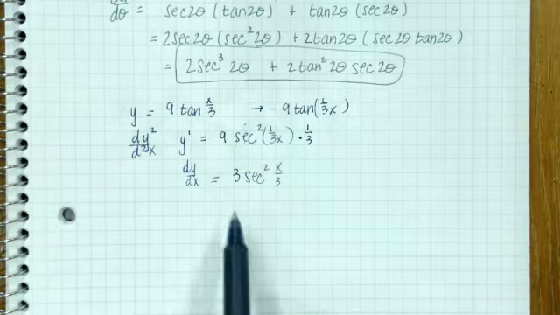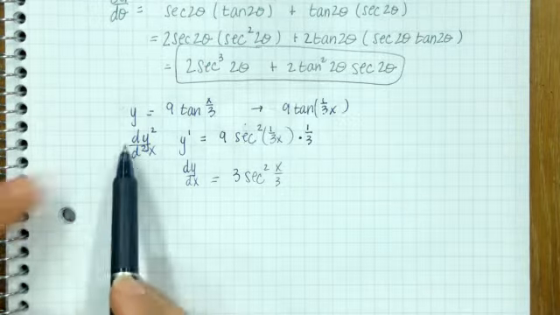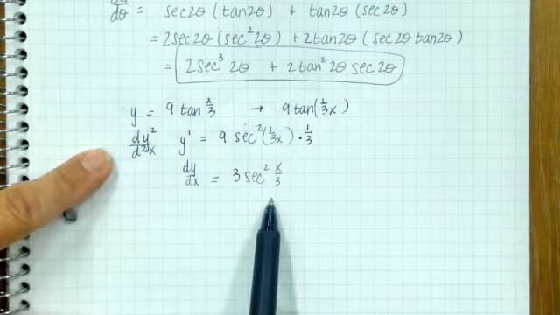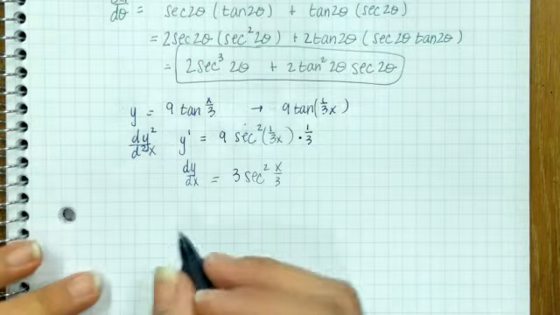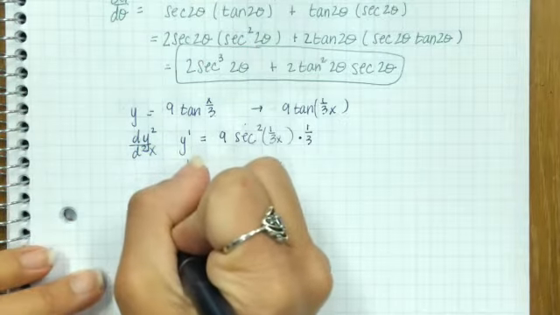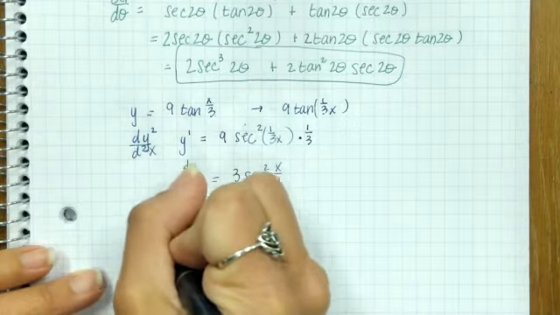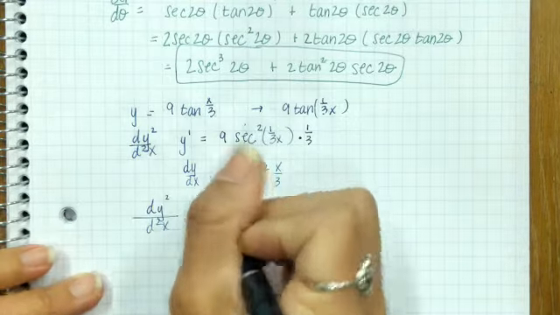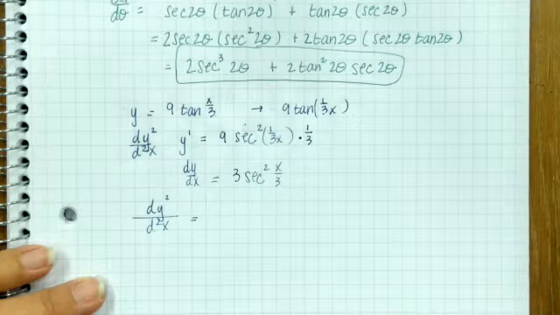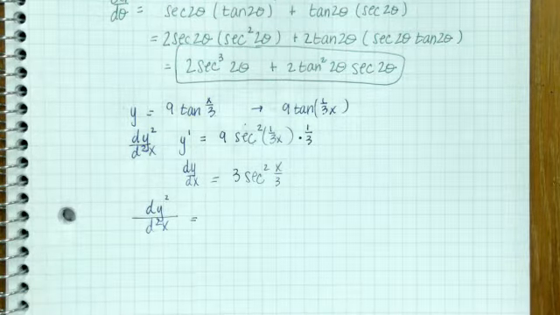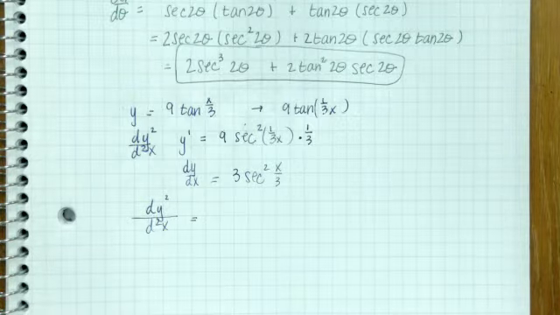Now if I want to find the second derivative, I'm going to take the derivative of the first derivative. The derivative of the secant squared, we have to do in steps.